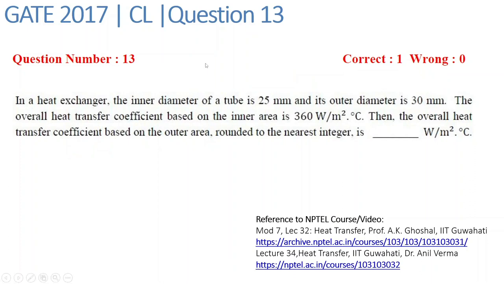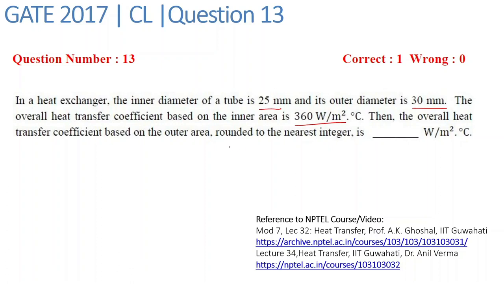Hello everyone, we are solving question 13 of GATE 2017 chemical engineering paper from the subject of heat transfer. The question is, in a heat exchanger, the inner diameter of the tube is 25 mm and its outer diameter is 30 mm. The overall heat transfer coefficient based on the inner area is 360 watt per meter square degree Celsius.